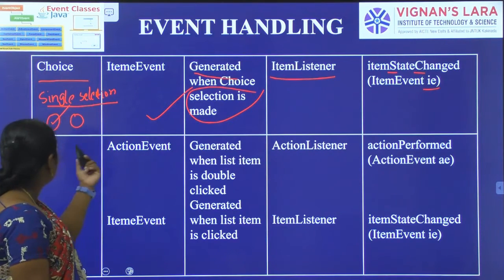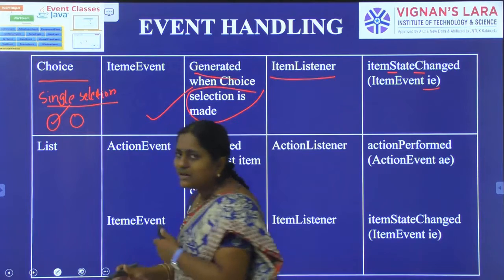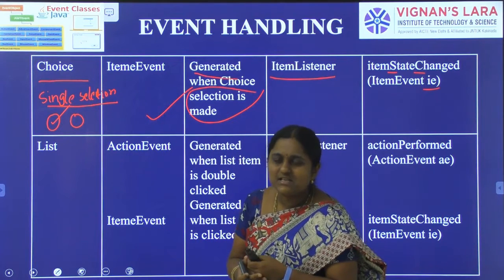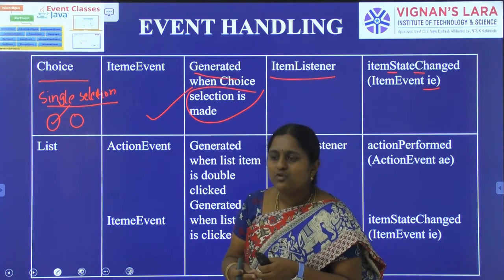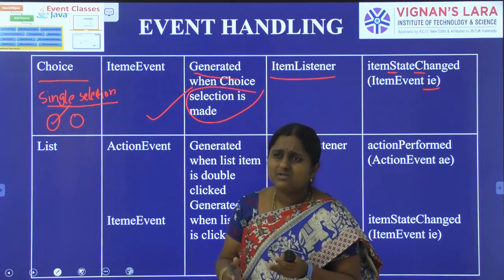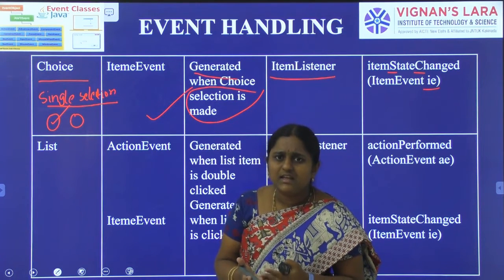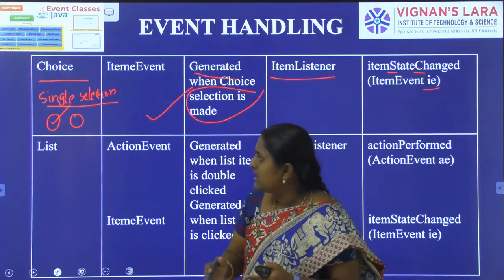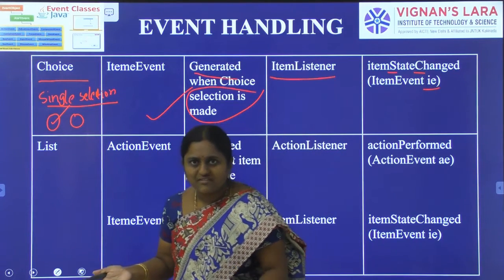Coming to the next one, list. List means multiple selections. Suppose if you look at any website, sometimes when you register with a company, it will ask, do you know which languages?